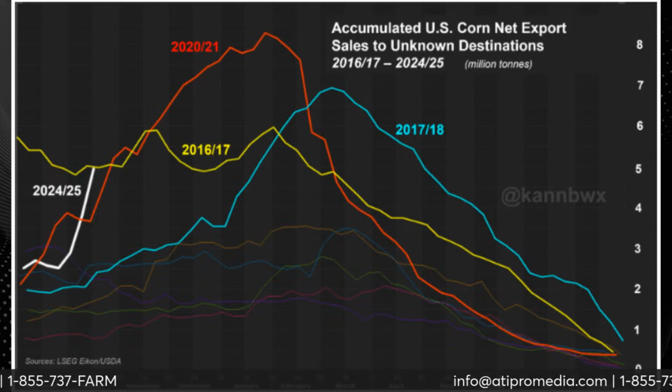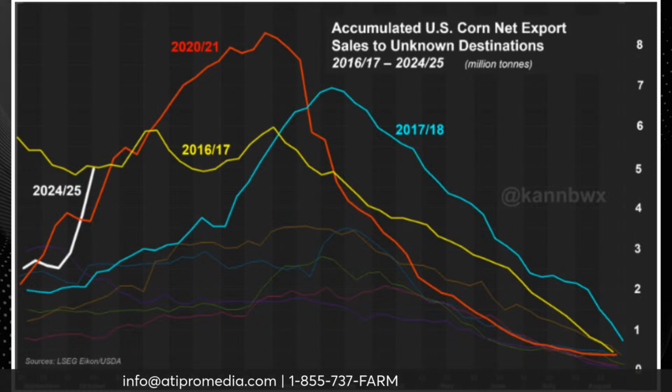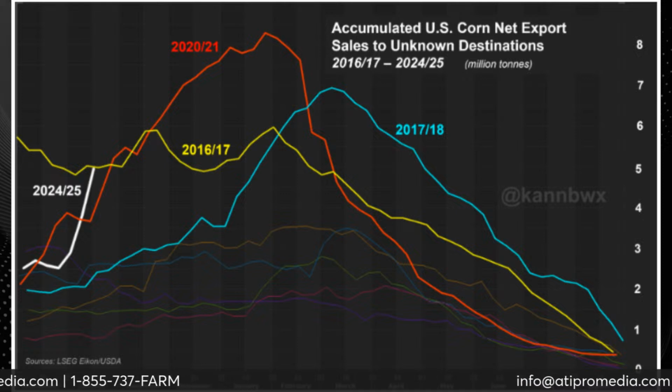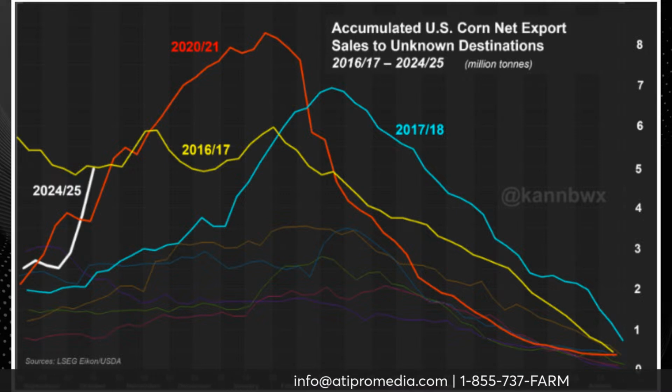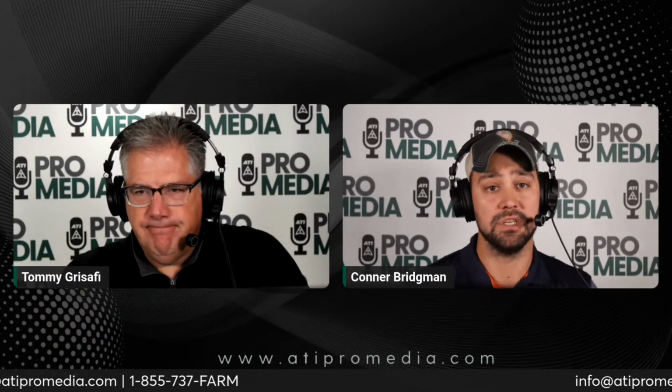Are they quietly buying U.S. corn? I don't know the answer to that, but just looking at that little white line, unknown destinations, last time we saw this, I like that 2021 correlation there. We know it was a big part of China really buying U.S. corn, U.S. soybeans. So time will tell. Long way to go.